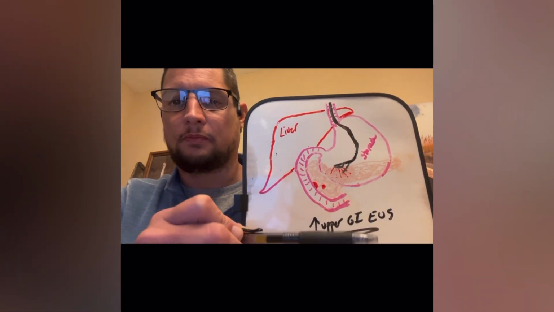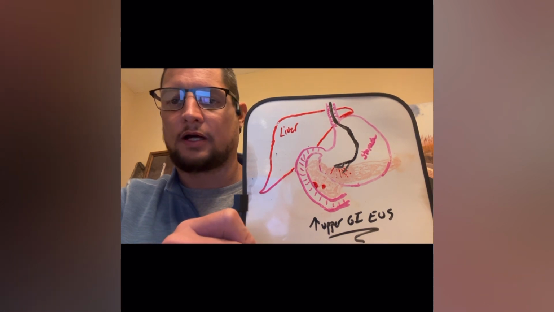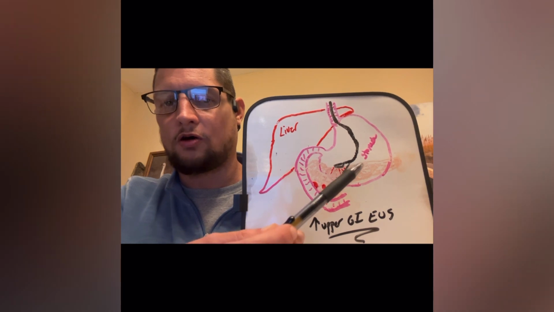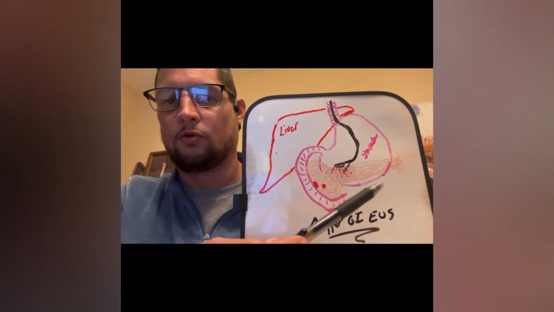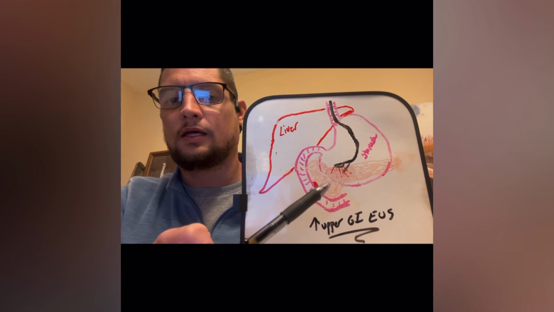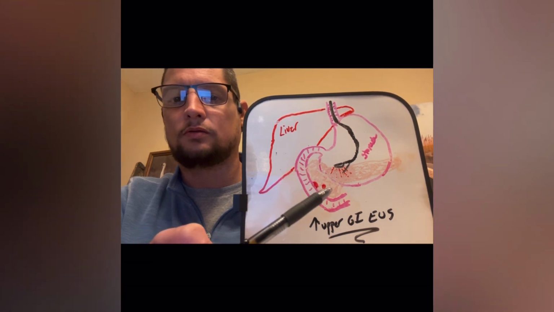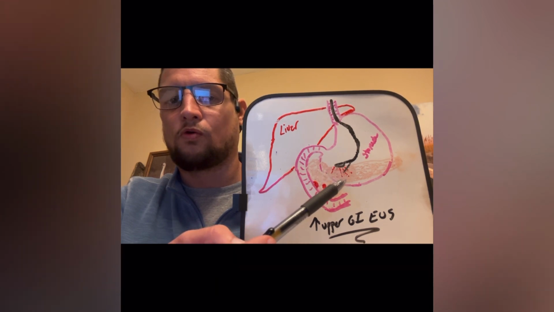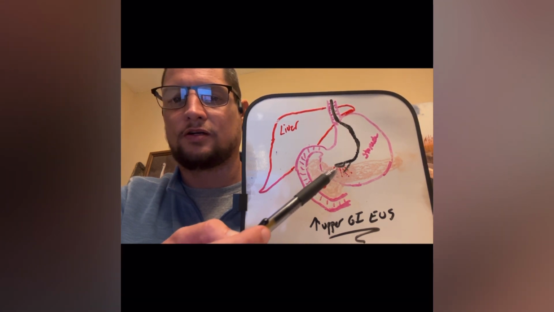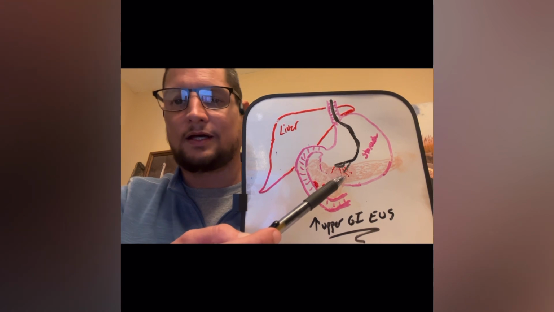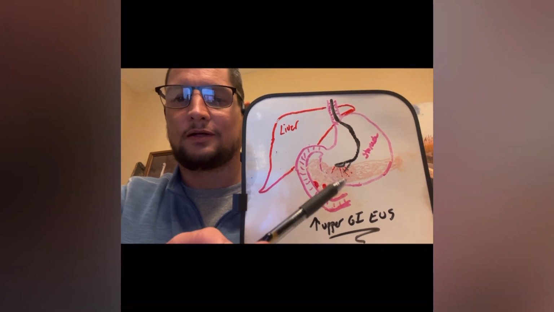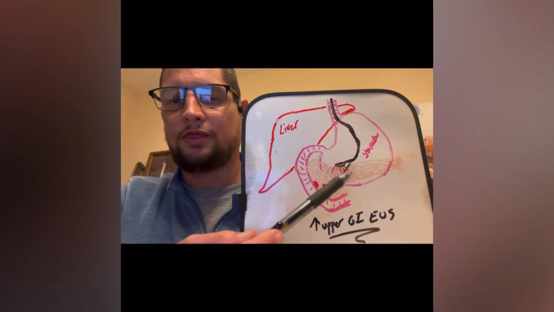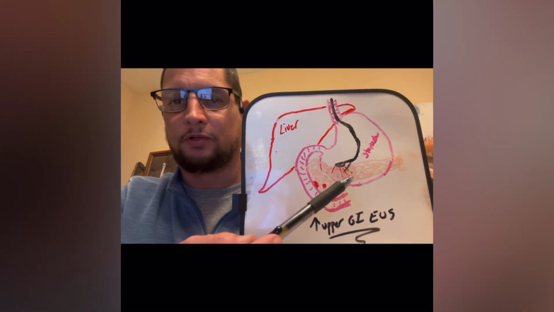I wish I could have done better, but with these dry erase markers, it's kind of hard. You can see here, this orange area is basically where the pancreas is. Then I tried to make this a darker orange, but it didn't really show up very well. But that is where we're looking at some fluid buildup.